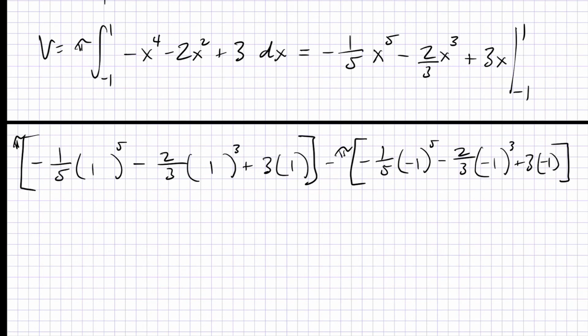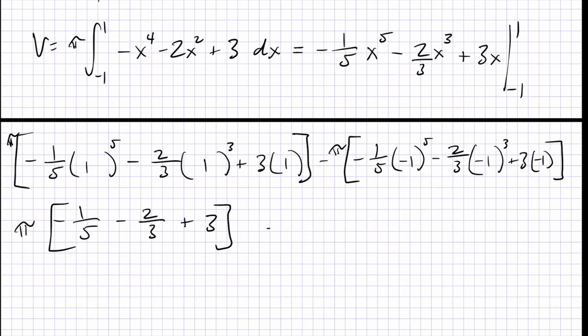All right. So over here, I'm going to get negative 1/5 minus 2/3 plus 3 with pi in the front, minus positive 1/5 plus 2/3 minus 3.